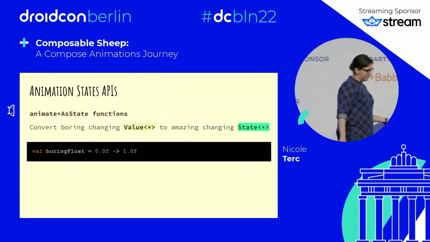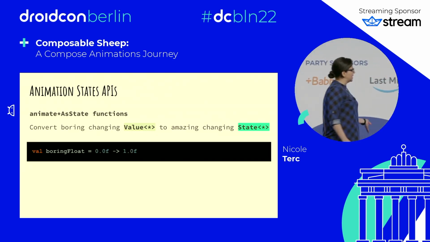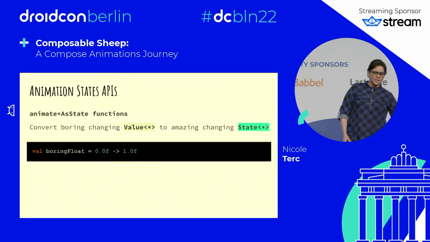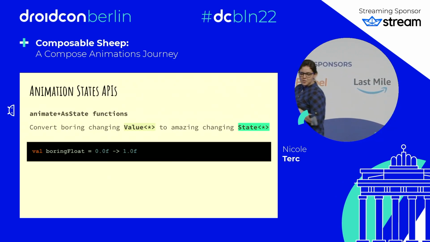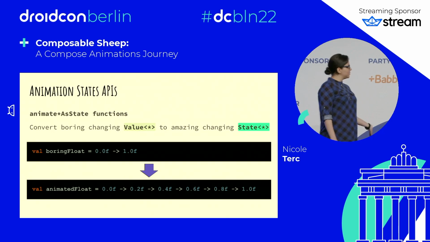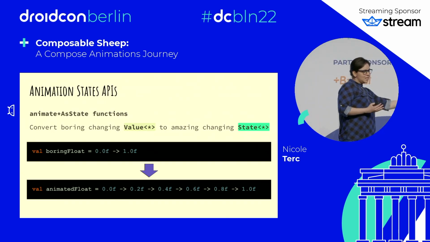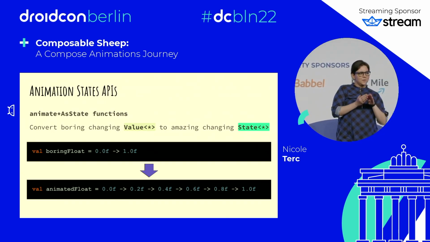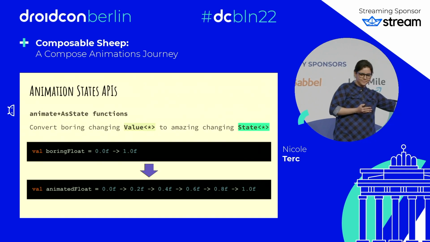Meaning that if you have this boring float there that only changes from one value to the next, if you use these functions, you're going to be able to convert this boring thing to an amazing animated float that, instead of just jumping right ahead to the target value, is going to sequence it a bit.